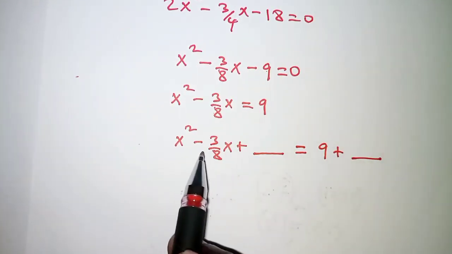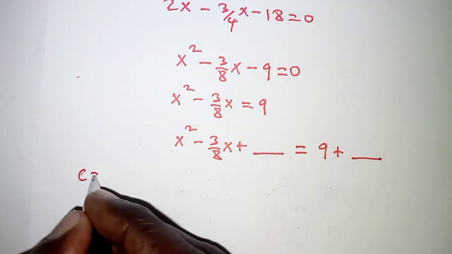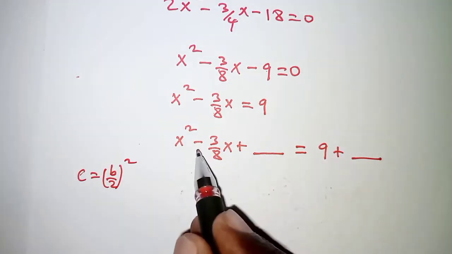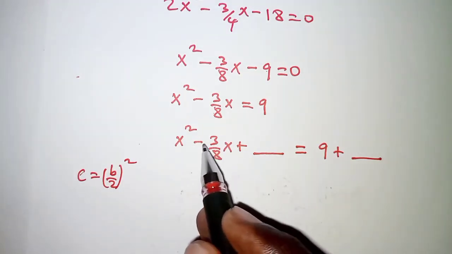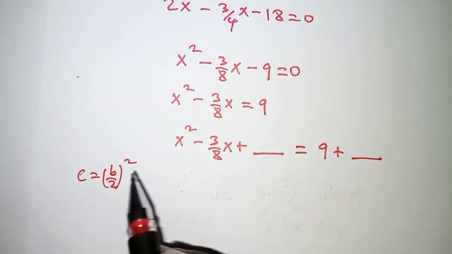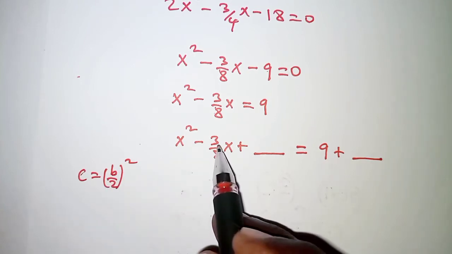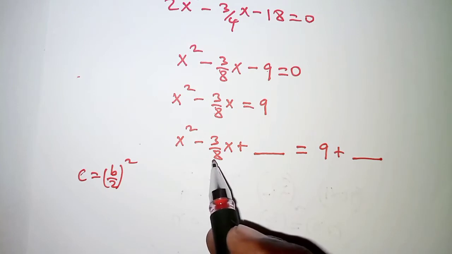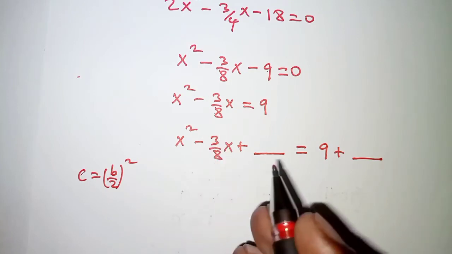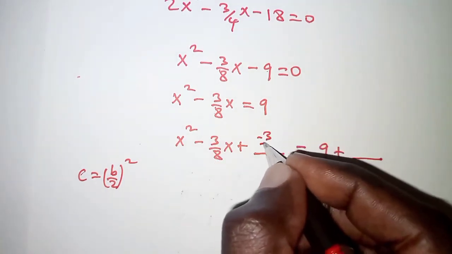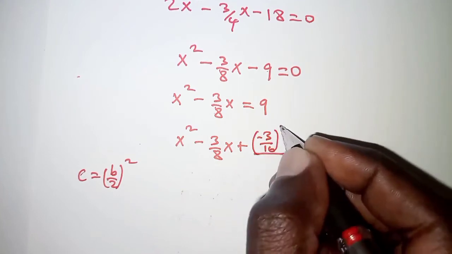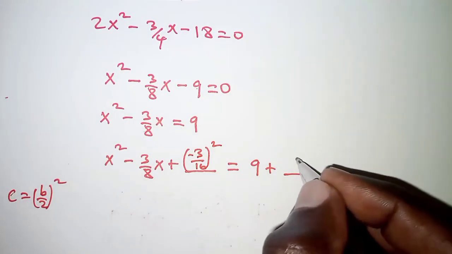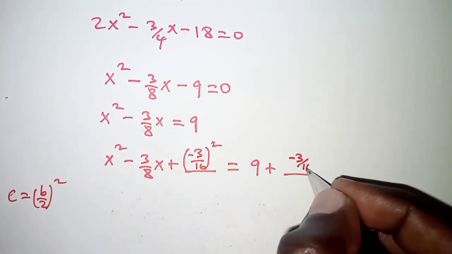We say, completing the square, c is equal to b over 2 squared, and b is negative 3 over 8. So negative 3 over 8 times a half, that is dividing by 2. Negative 3 over 8 times a half, that is negative 3 over 16. And negative 3 over 16 will have to be squared, that is b over 2 squared. The same should be added to the right hand side.